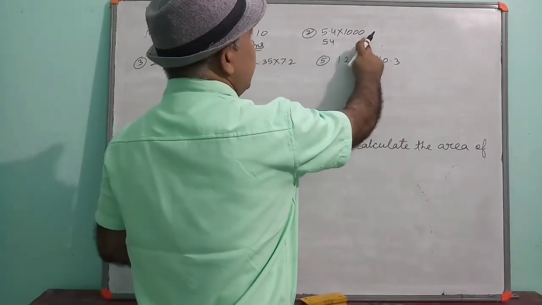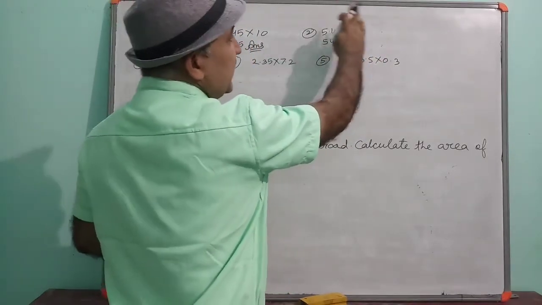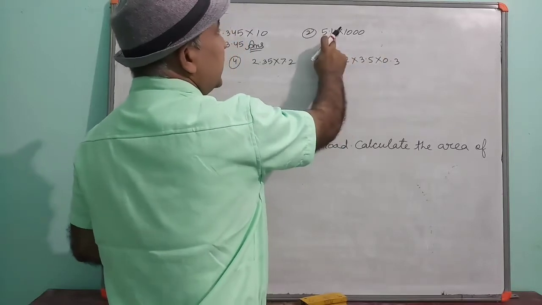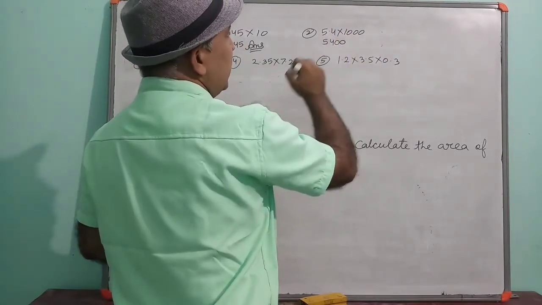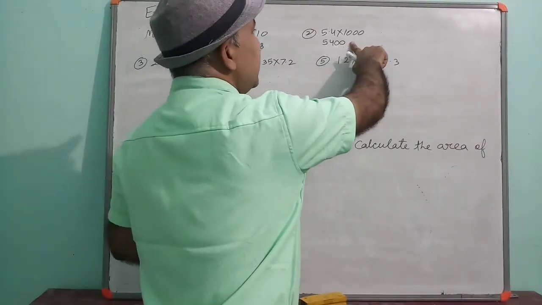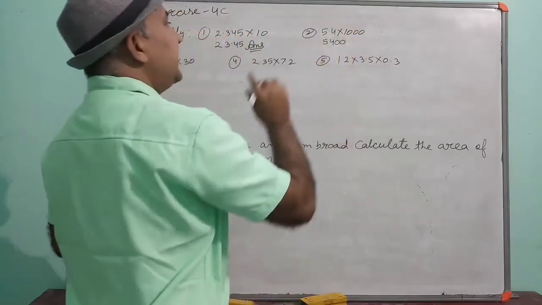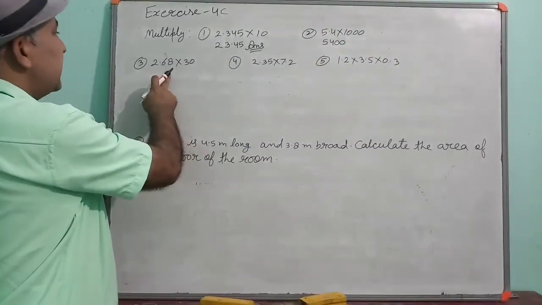Count the zeros here: 1, 2, 3, 3 zeros. Then the decimal will shift 3 digits to the right hand side. But here is only 1 digit, then 2 zeros we will add from our side. After that we can put the decimal. But after the decimal there is no number, so no need of writing the decimal. Understood? Now see this multiplication.